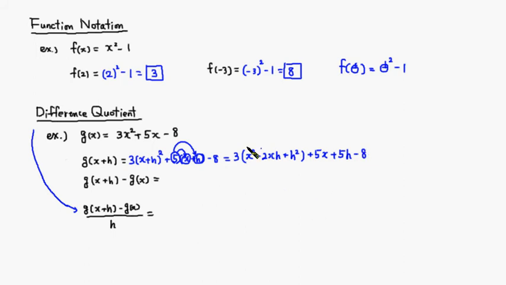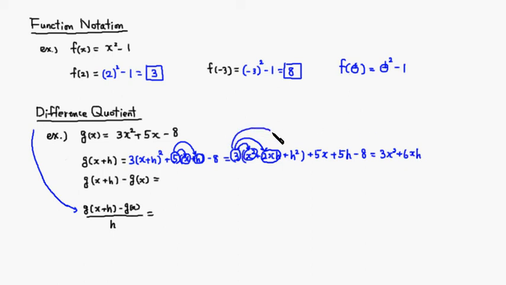Then I'm going to distribute 3 to these 3 terms. It gets a little bit messy. 3 times x squared, so you have 3x squared. 3 times 2xh would be 6xh.